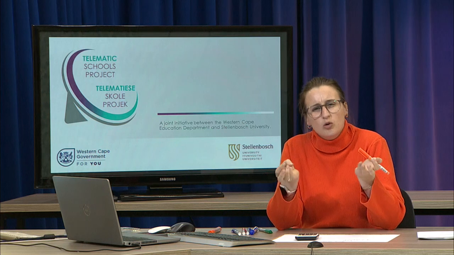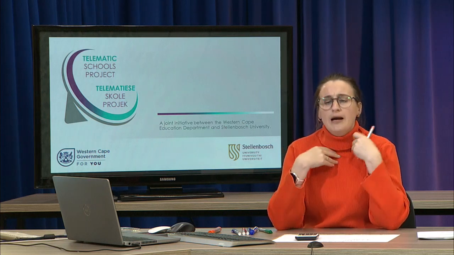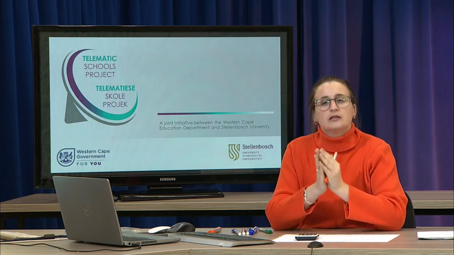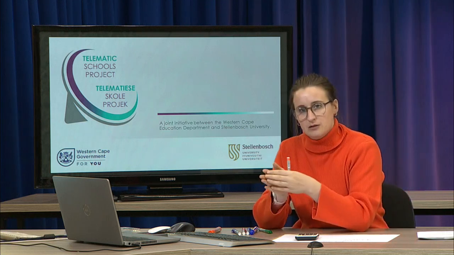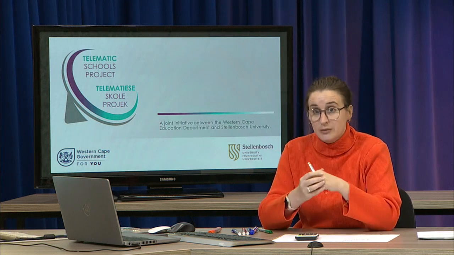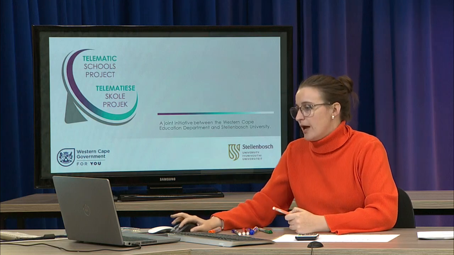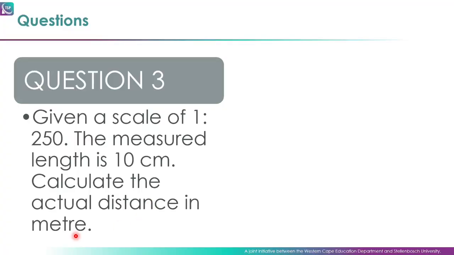Now, what you need to remember, grade 12s, is even though this question is telling you what unit to work in, we also know that normally we won't tell someone, yes, my house is 2,500 centimeters away from my neighbor's house. We will be saying, oh, it's so many meters or so many kilometers. So luckily for us, this question asked us for the actual distance in meters. But we also need to be able to use a little bit of logic to get to that.